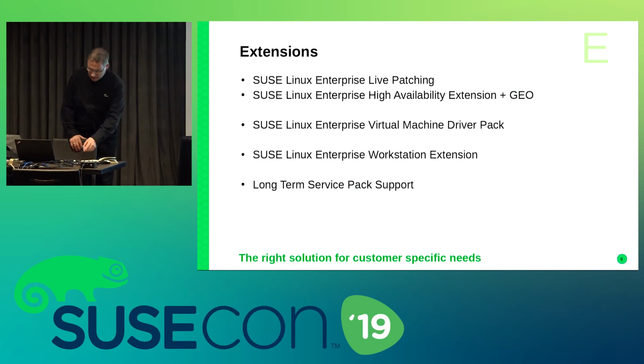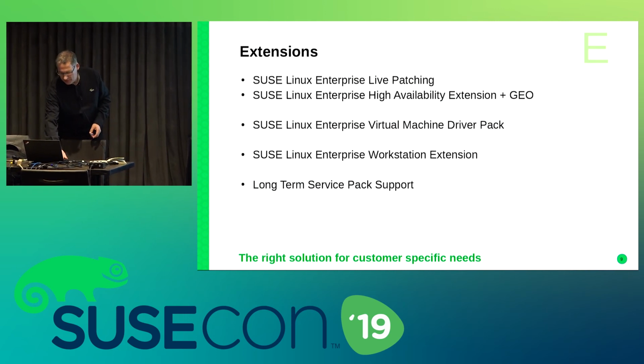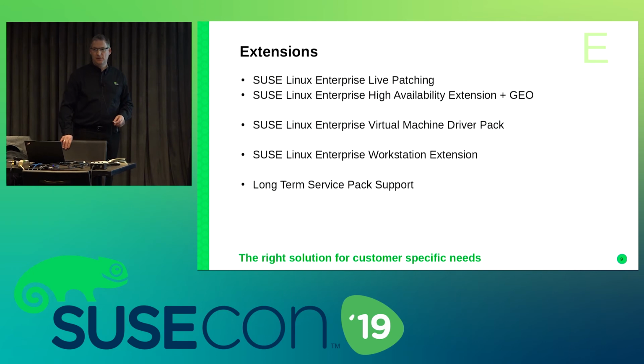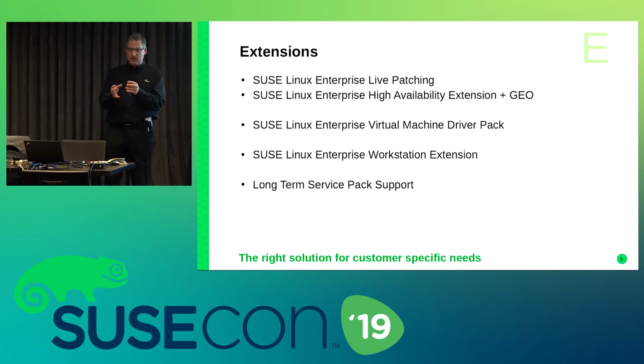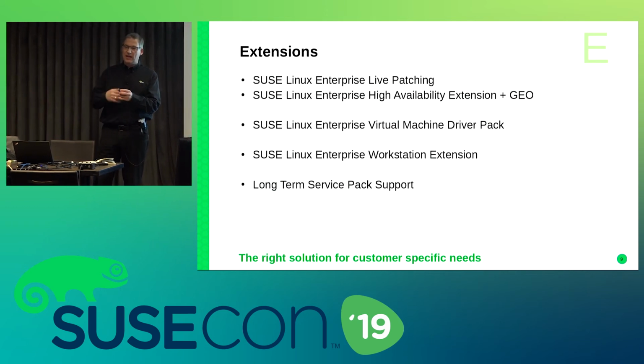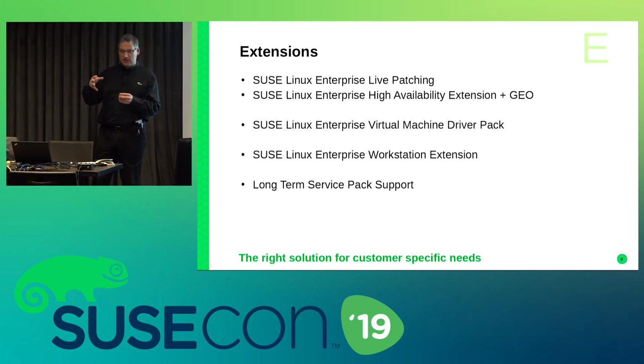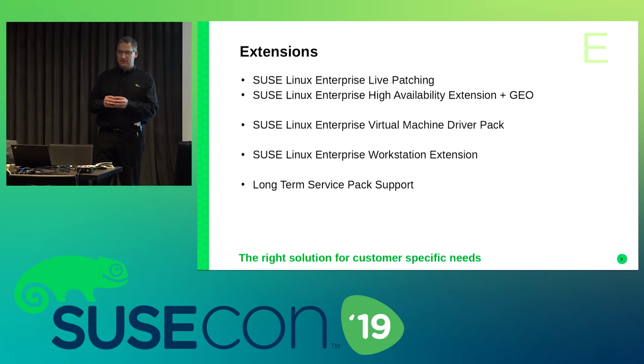And with that, let's go to the question: is workstation a cheaper subset SKU? No. We also have the desktop, and the desktop is really a cheaper one, but it doesn't have many of the server tools. The workstation extension is really an extension to SUSE Linux Enterprise Server. So there are different bits in the desktop stream?